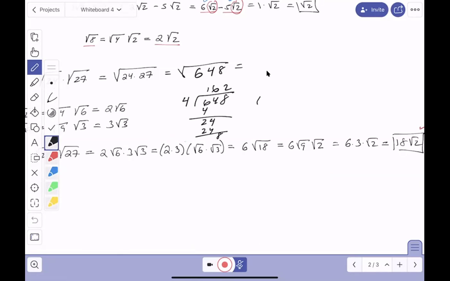So 4 times 162. Get my eraser out. And again, this is why we don't want you doing this. It just requires so much work.